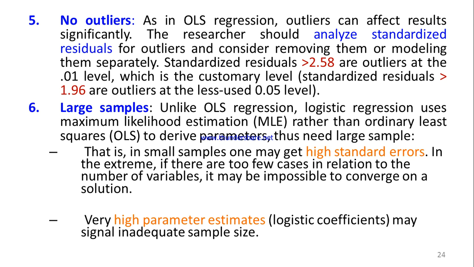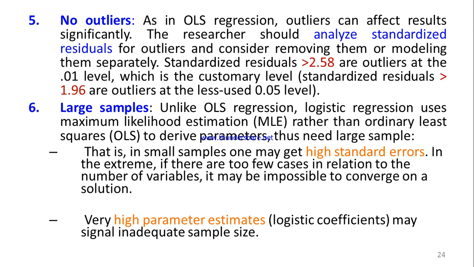The last assumption is that logistic regression requires a very large sample size compared to any other model in statistics. So when we plan to use logistic regression, we always have to make sure that we have a sufficiently large sample size, even starting from the planning phase.